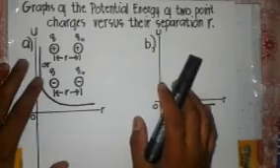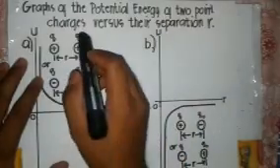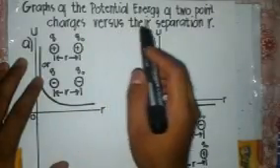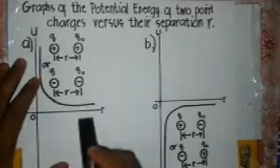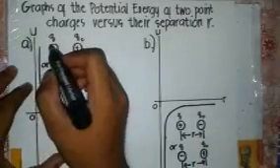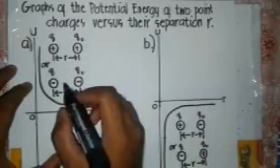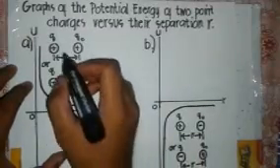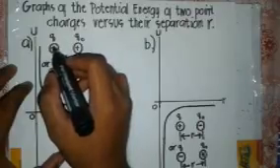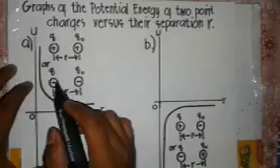Now these are the graphs of potential energy of 2-point charges versus their separation r. So in A, our q and q naught have the same sign, so they are either both positive or both negative.